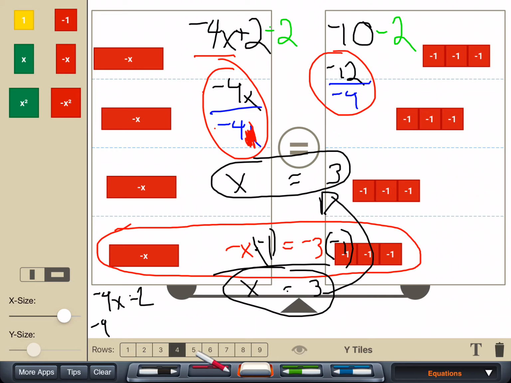The actual answer is negative 4 times positive 3 and then add 2. What am I going to get? I'm going to do that over here. So, okay, negative 4 times 3 is negative 12. And when I add 2 to it, I get negative 10, which is our right side. So we're good.